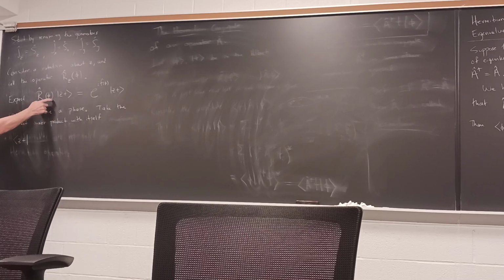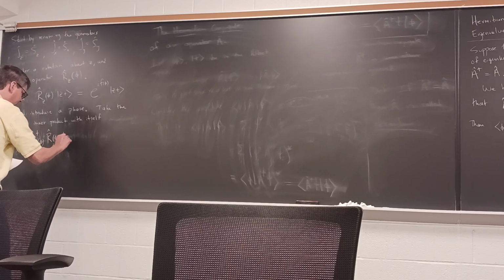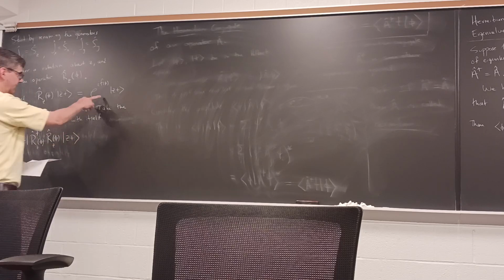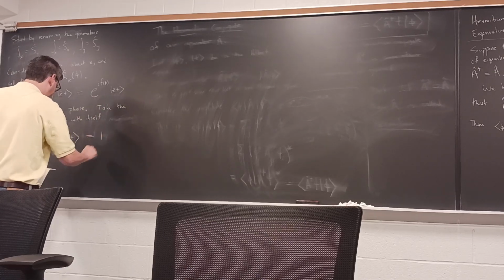And again, you can imagine just sticking R inside the ket here. When I flip the whole thing around to take the bra, that's going to just turn this into an R hat dagger. So I'll have R hat dagger Z, R hat Z, and then Z plus. And this should be, if this thing is unobservable, which it is, then this should just be 1.